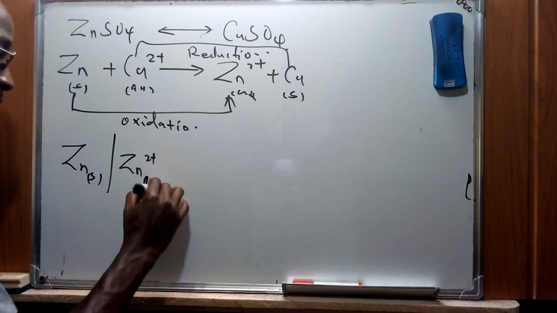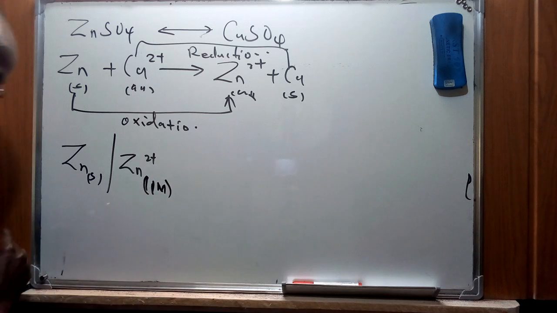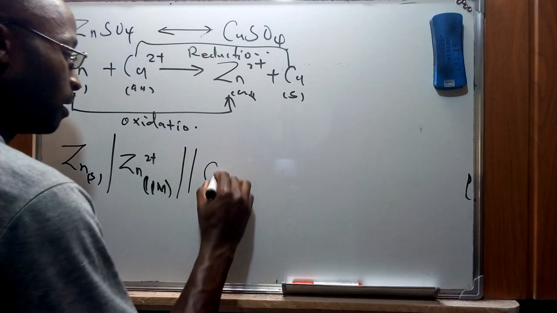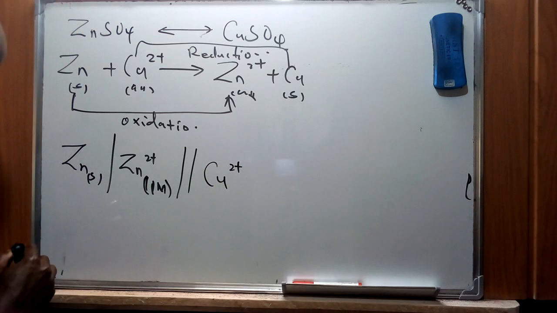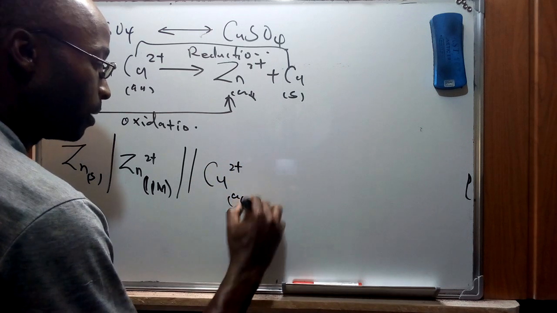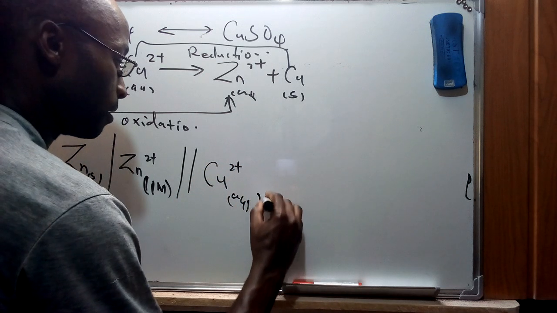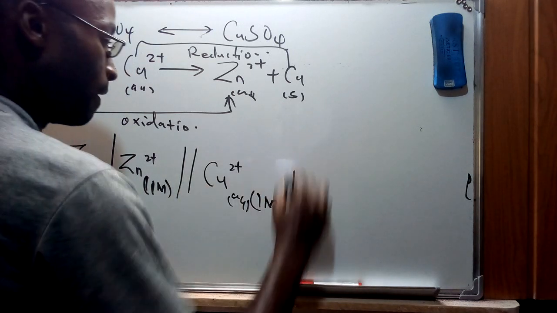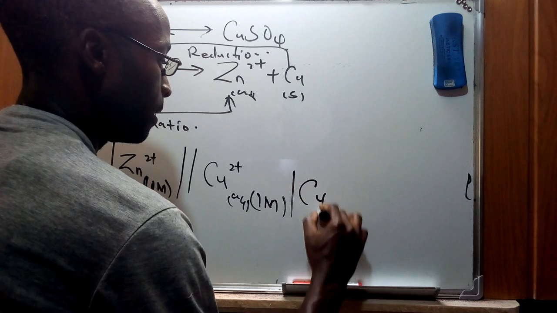Of course, we said for us to represent the cells, you write the state or the phase of those particular species which are undergoing redox reaction together with their concentration. So in this case, for a standard one, we said this is going to be one molar, and then copper.